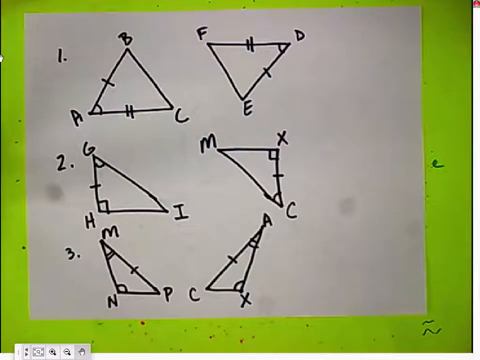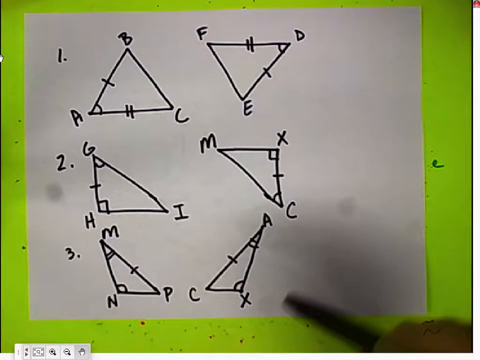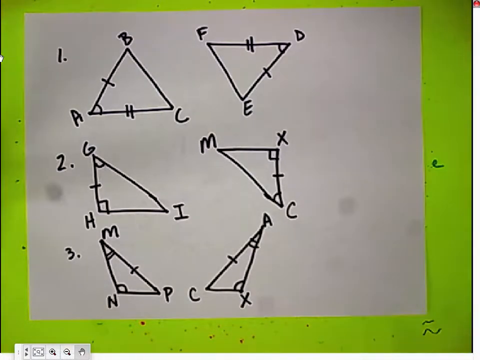Okay. Let me give you all some time to copy those. So I want you to write a congruent statement if they're congruent, and what postulate or theorem you used if you could. Or state that they can't be proven congruent.